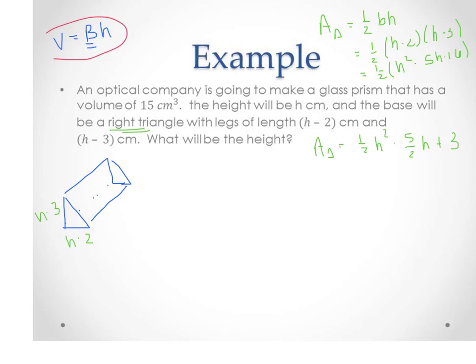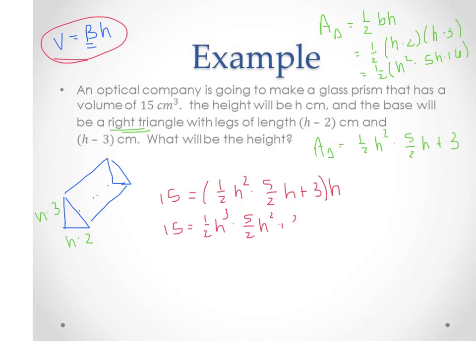So if we come back to our volume formula, the volume is 15 equals the area of the base, 1/2 h squared minus 5/2 h plus 3, times the height. Okay, so we just need to solve this for h. So the first thing I would do, because remember that you want it equal to 0 most likely, let's distribute and have 1/2 h cubed minus 5/2 h squared plus 3h.